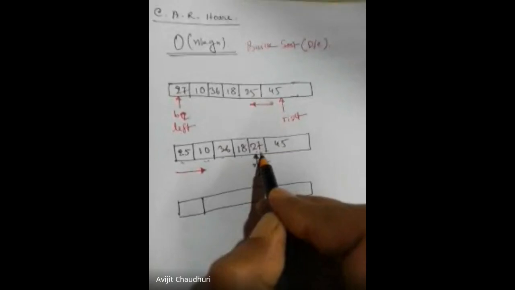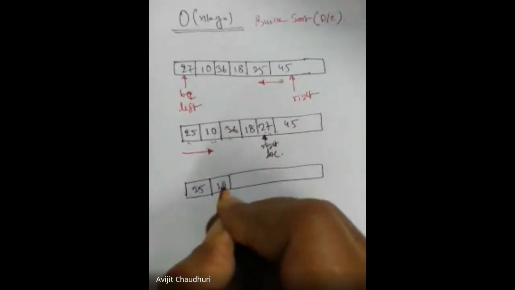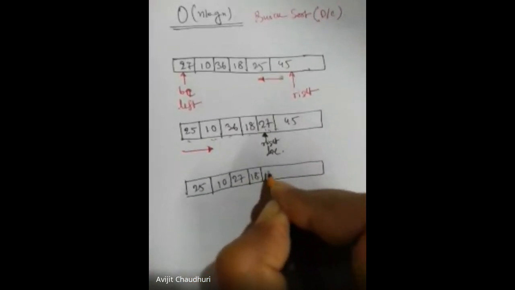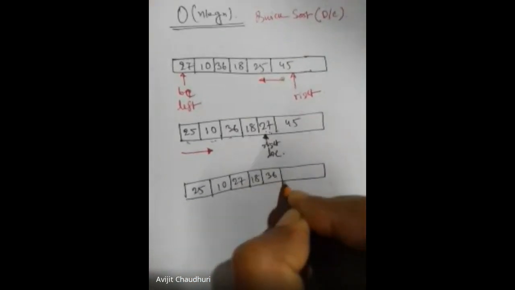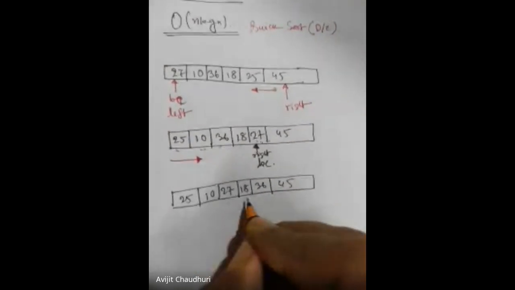So this and this will be swapped. Okay. 25, 10, 27, 18, 36, 45.